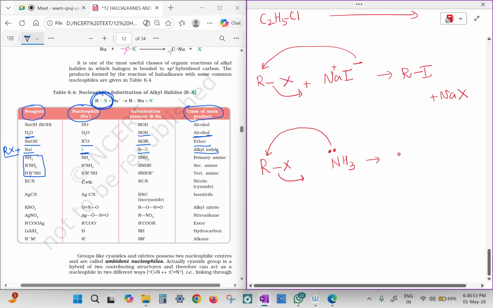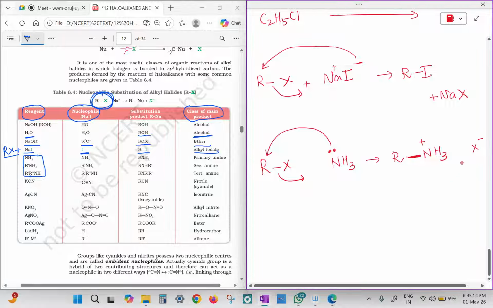X minus goes off. So you'll get R bonded to NH3 with a positive charge. Whenever nitrogen has three hydrogens on it, it is neutral, when nitrogen is trivalent. The moment nitrogen makes the fourth bond, it acquires a positive charge.